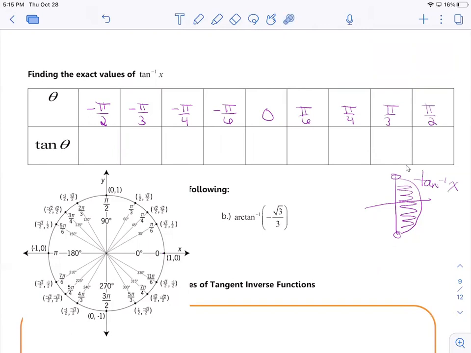When you look at negative pi over 2, remember tangent is y divided by x, so that's undefined. Negative pi over 3 is y divided by x. We've done that enough, so we know we should just get negative root 3.